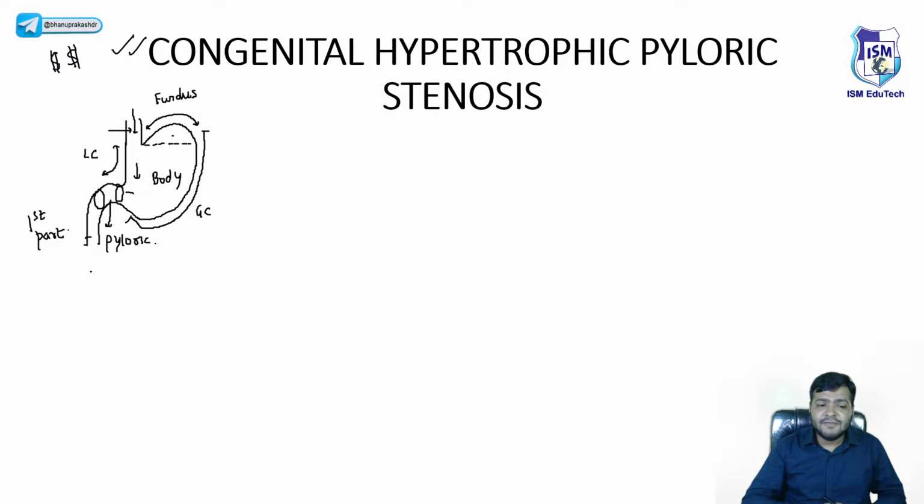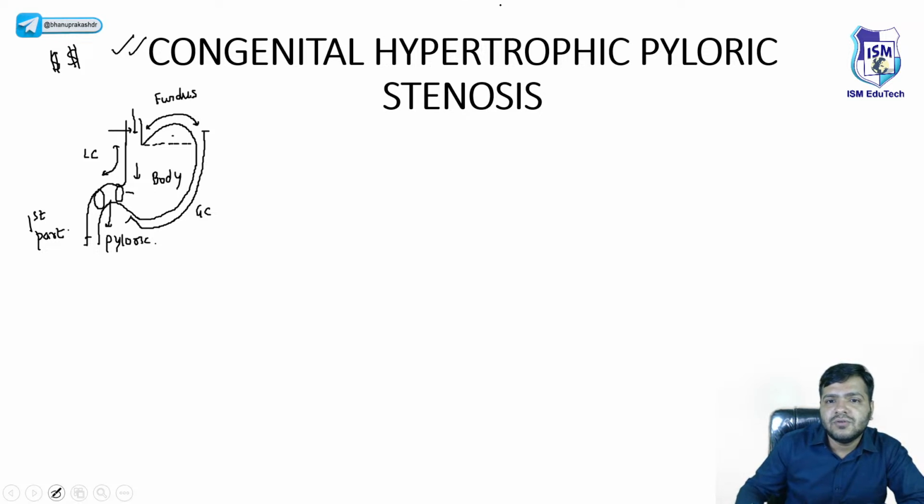Now what happens if the muscles get hypertrophied? Okay, देखो hypertrophy का मतलब होता है साइज में बढ़ जाना. ठीक है, साइज में बढ़ जाना. If we talk about the term hypertrophy, increase in the cell size.